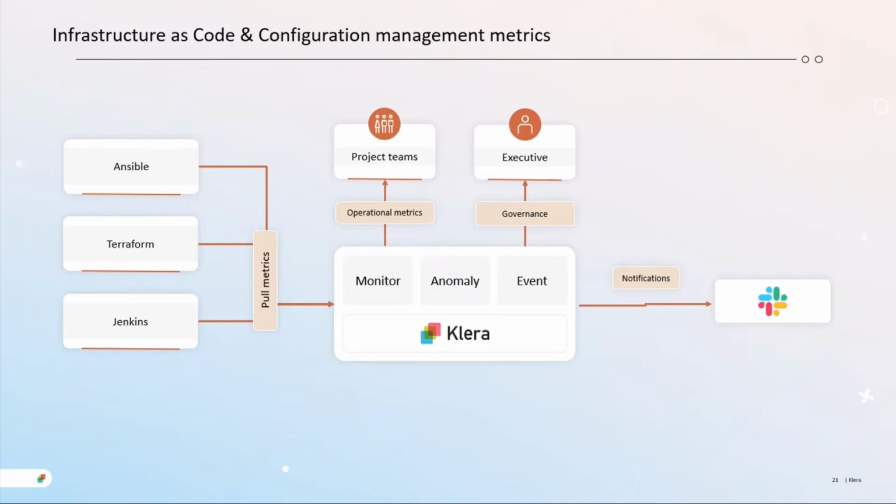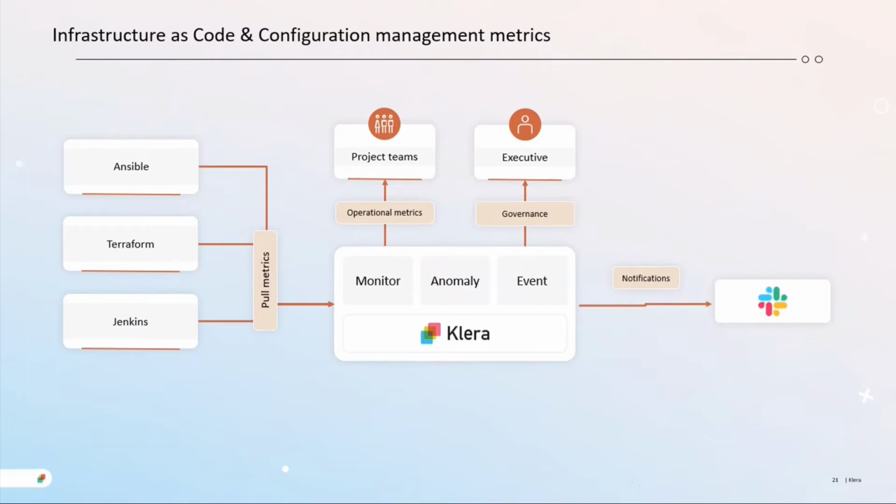Since there are multiple teams who are using these tools and creating those resources, there is a need to apply governance to know how our infrastructure pipelines are getting executed, what resources are getting created, and how we can further optimize these pipelines.